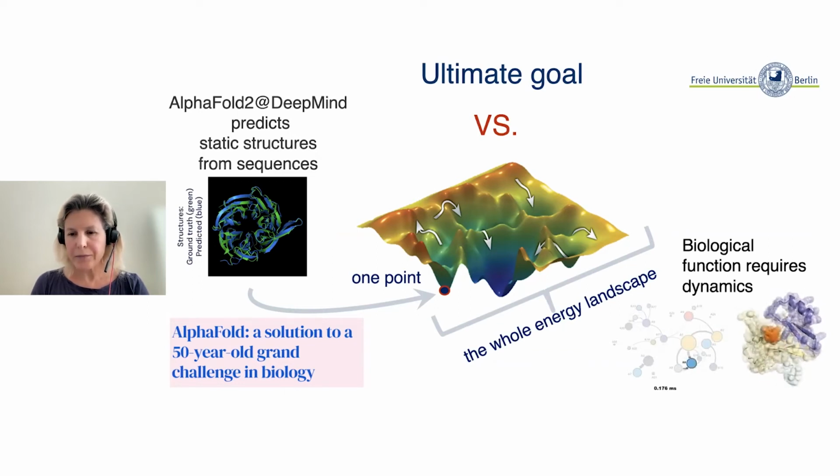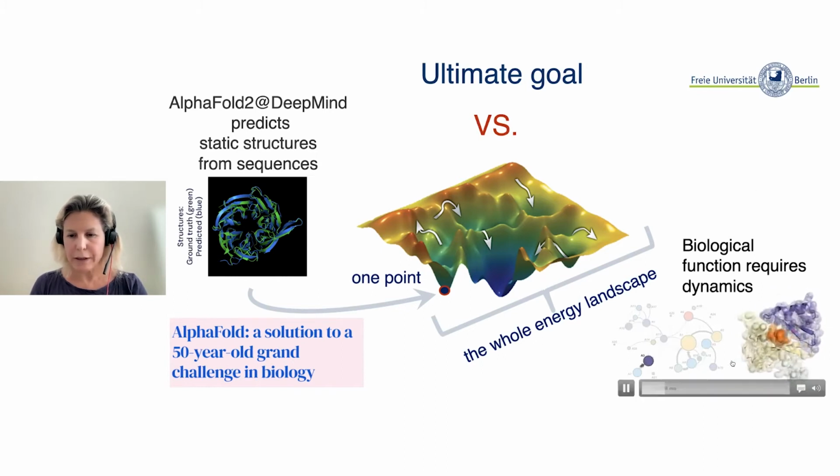Here is a recent result, not from my group, but from a collaborator, that shows the dynamics of a protein performing its function. On the left, you see the different states in a Markov state model, and on the right the protein moving, and while it moves, it jumps into different minima of this landscape.